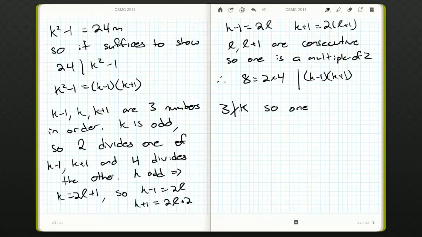Now, since 3 does not divide k, and we have 3 numbers in order, that means that one of k minus 1 or k plus 1 must be a multiple of 3.